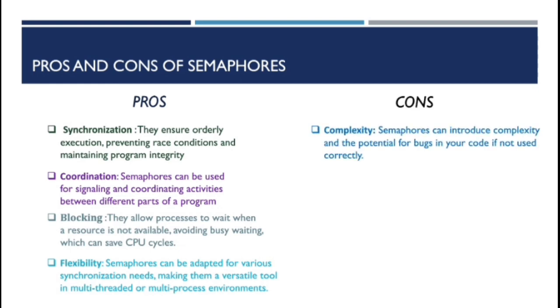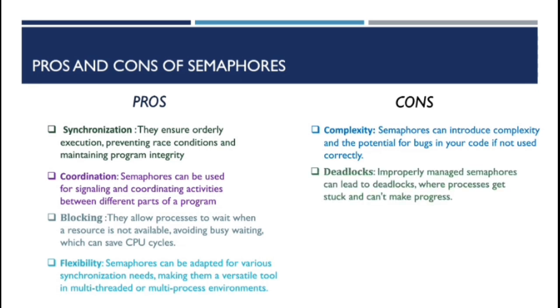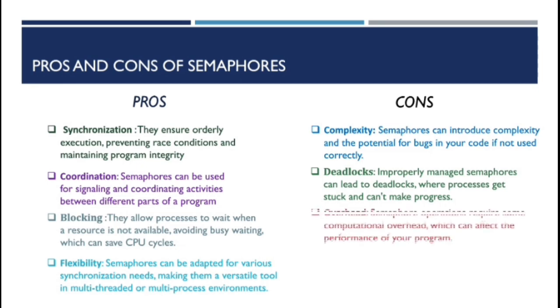Now, let's jump into the disadvantages or cons of using a semaphore. The major disadvantage is the complexity. Semaphores introduce complexity in our code, so the potential for bugs arises if it is not used correctly. When semaphores are improperly managed, it can lead to deadlock where the processes get stuck and cannot make any progress.